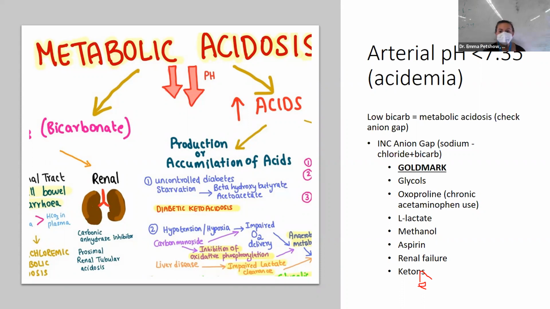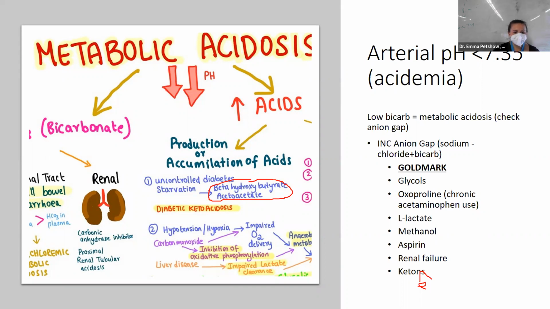So any state where you have elevated ketones. When you're in a metabolic acidotic state, you have an accumulation of acids. You can see some etiologies here: uncontrolled diabetes, starvation. You have those ketones we talked about yesterday, beta hydroxybutyrate and acetoacetate, so diabetic ketoacidosis, or in hypotension, hypoxia, you have impaired oxygen delivery.